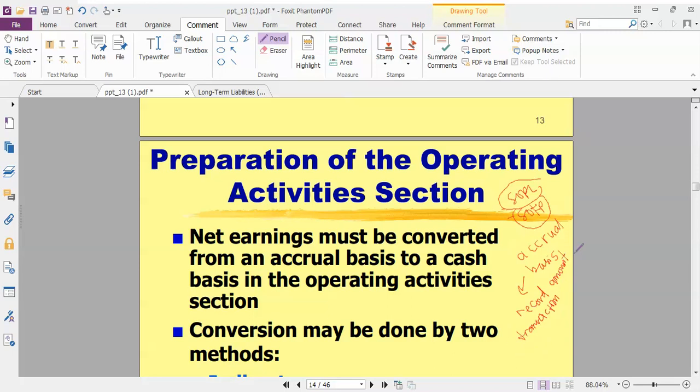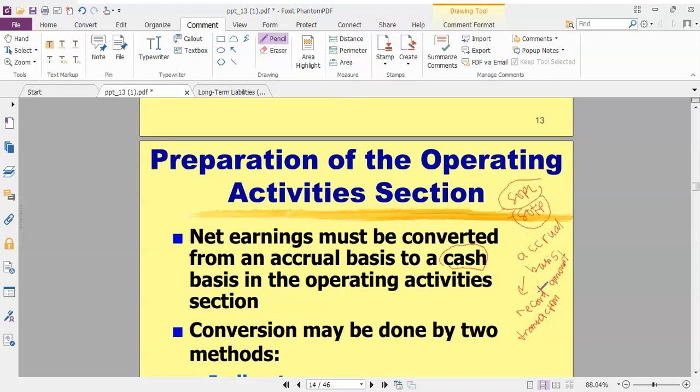But cash basis is different. Accrual basis and cash basis are two different things. The SOFP, or balance sheet, and the statement of profit and loss use the accrual basis.